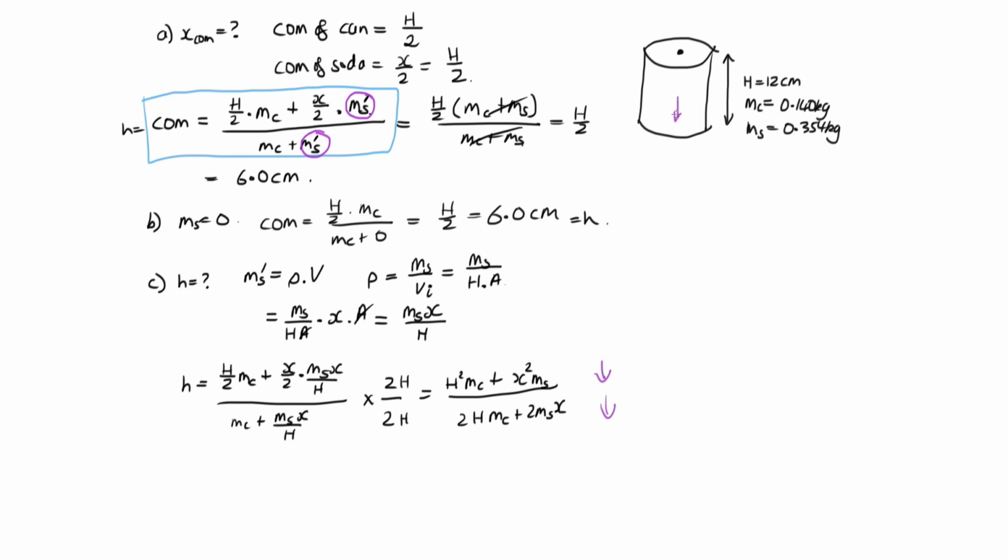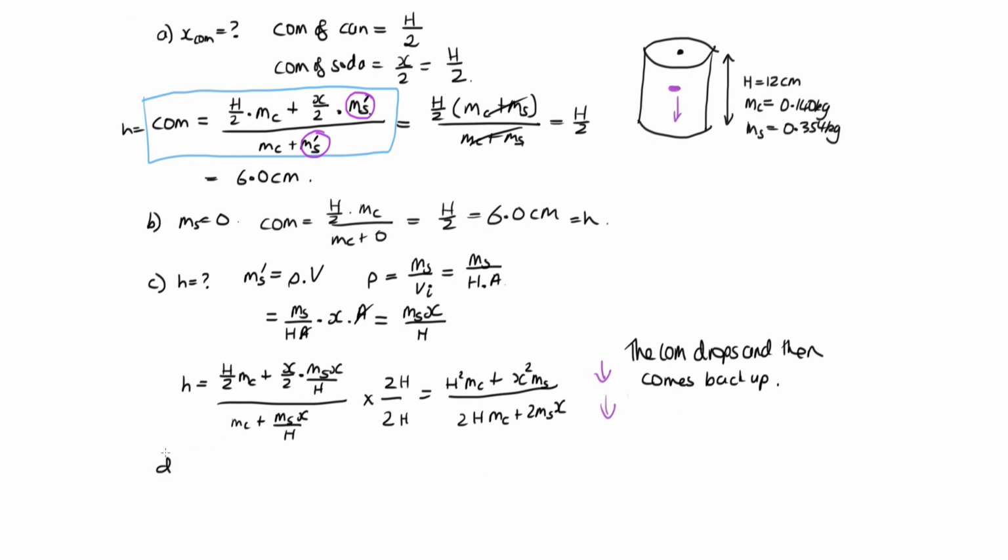So it's dropping, but it's contributing less and less, which allows it to start coming back up to the center of the can. So when there's no soda left in the can, then the center of mass is back up here. So what happens is the center of mass drops and then comes back up.